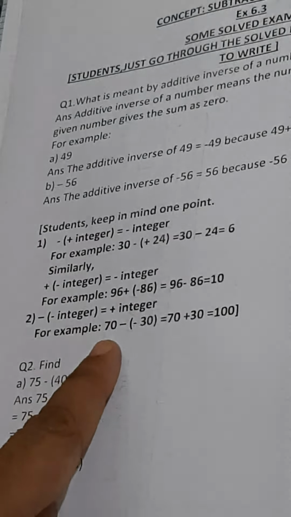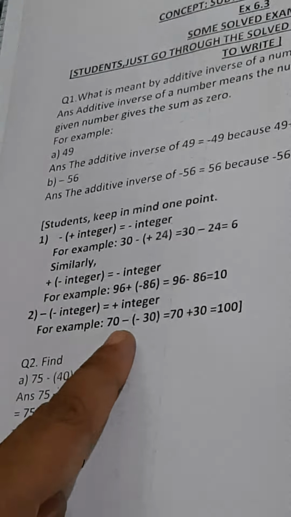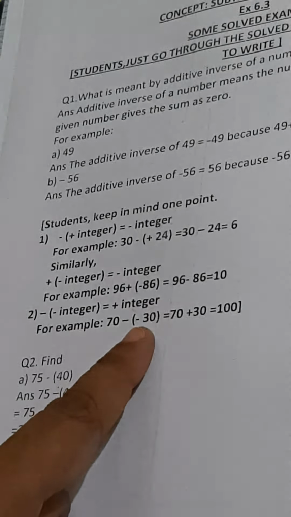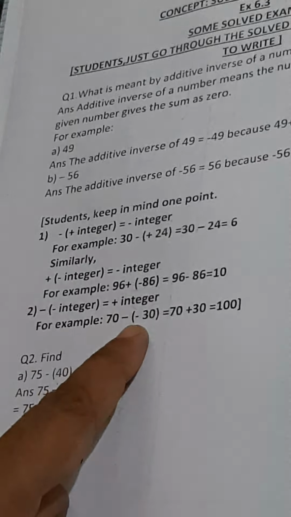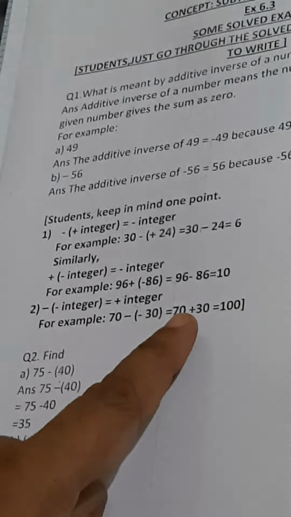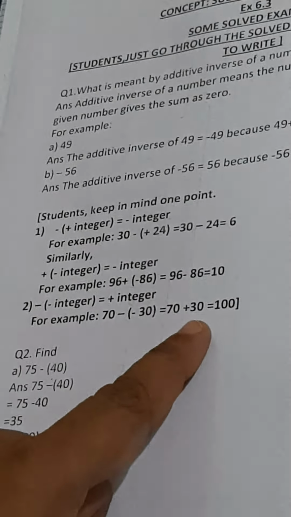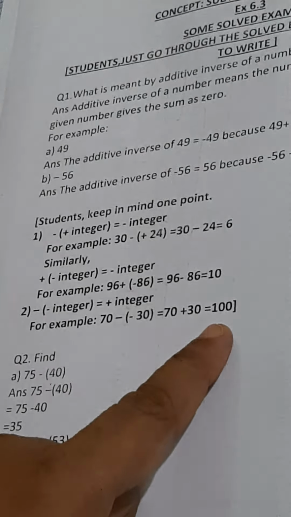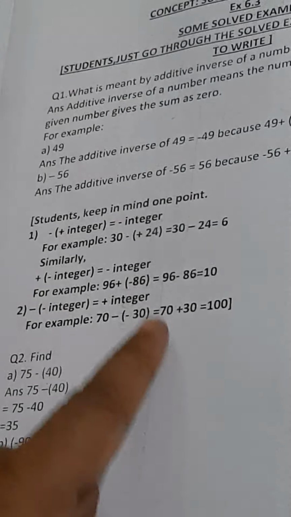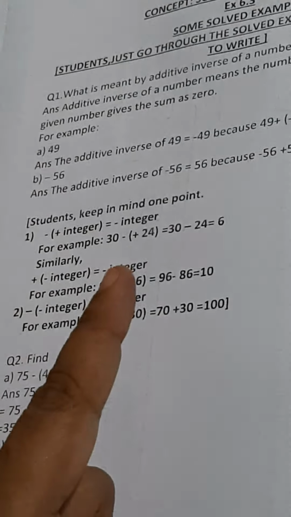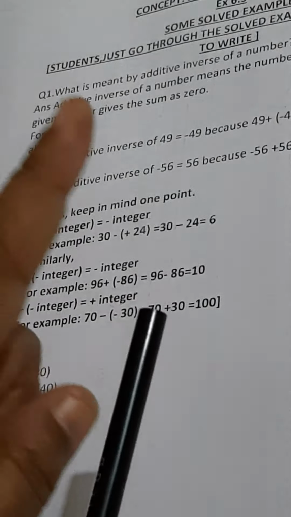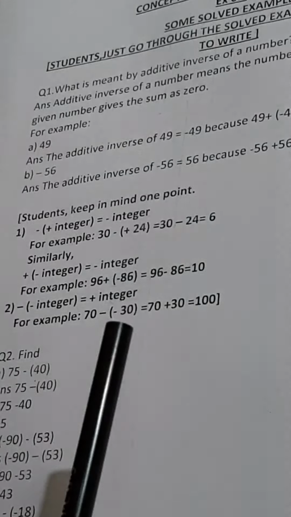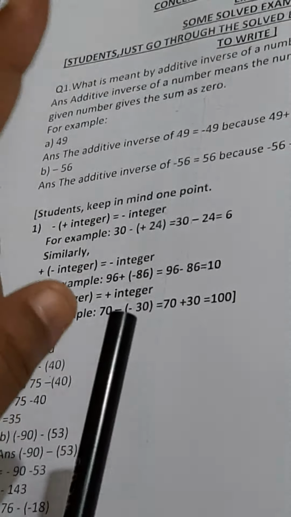I have taken one example, 70 minus of minus 30. So what is 70 minus of minus 30? Minus of minus is plus. So we will write 70 plus 30 is equal to 100. So what do we understand? Minus of minus is plus, plus of minus is minus, and minus of plus is also minus.